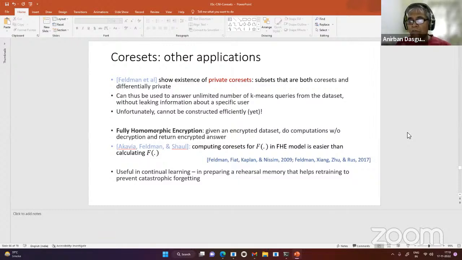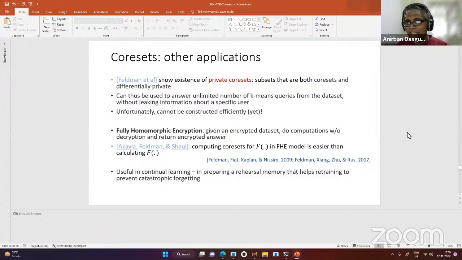It's not that for every query I answer, I pay another epsilon. I'm able to create a single subset that's able to answer a whole range of queries with a fixed epsilon. So this paper shows the existence of these private coresets. It does not really give a constructive algorithm to create them for all possible optimization problems.